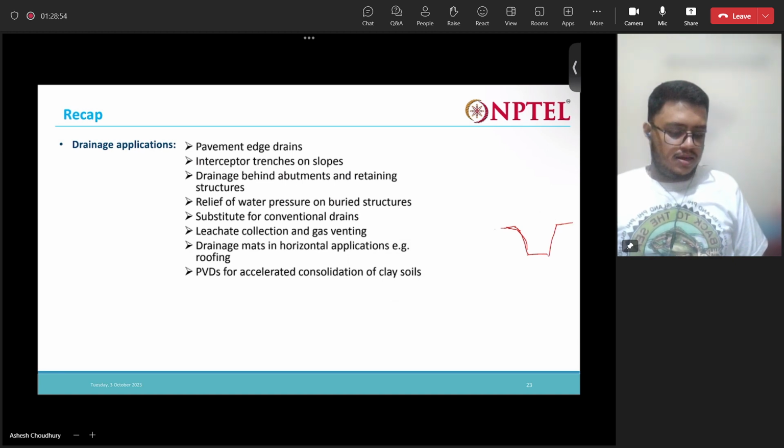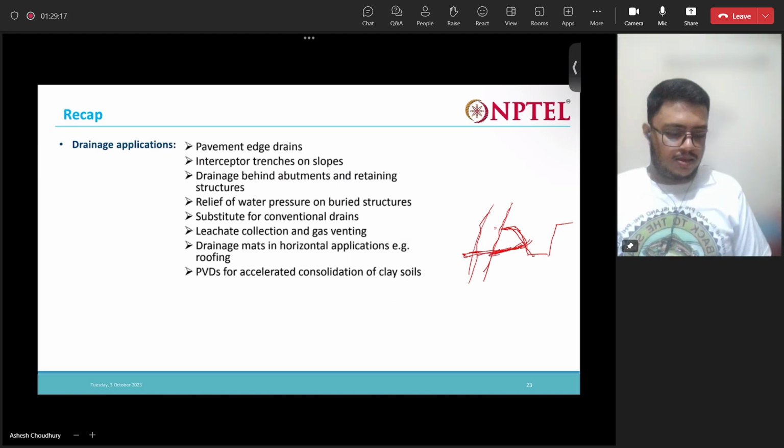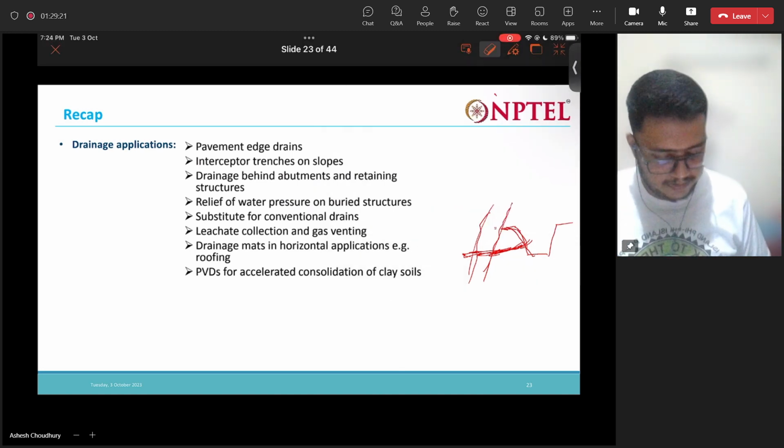We don't want any water seeping out of the canal to flow into the soil here. So what we do, we make a trench, and there we put geotextile so that this water actually gets intercepted.